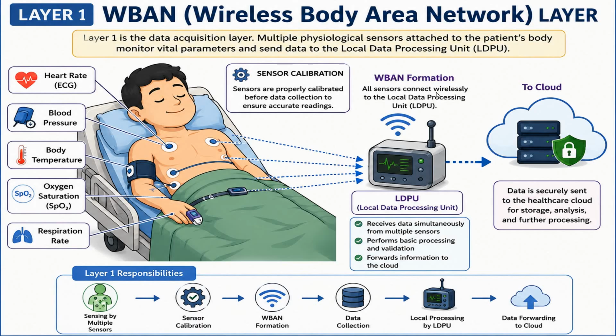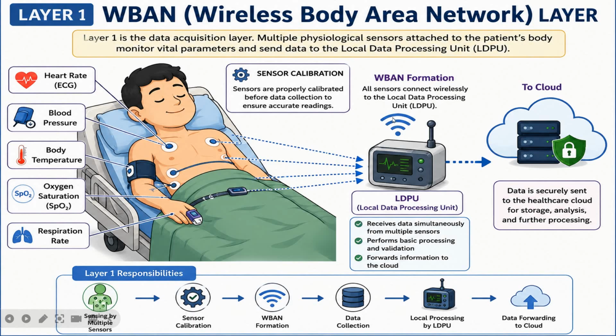And here you can see the WBAN where all the physical sensors communicate wirelessly, via WBAN formation, with the local data processing unit. The LDPU acts as a local hub that receives the data simultaneously from all these multiple sensors attached to the patient's body.